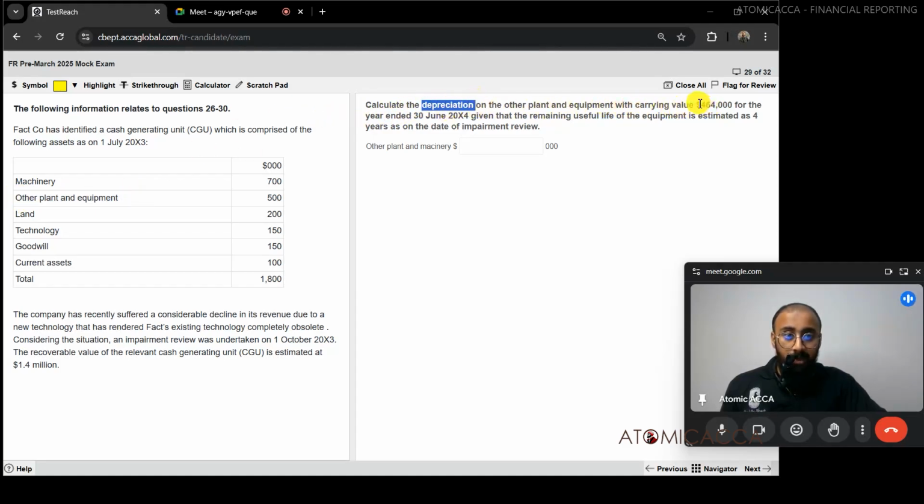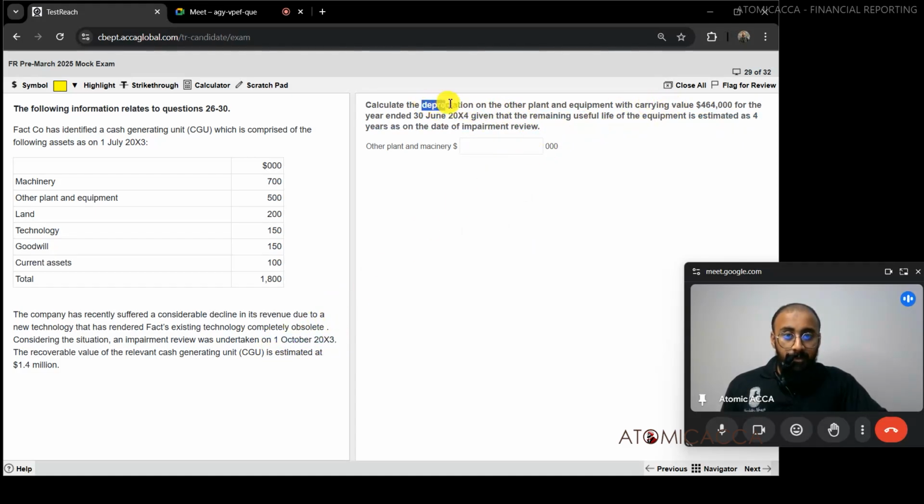Okay, with a carrying value of 464,000 for the year ended 30th June X4. This is 1st July X3, so 30th June X4. Given that the remaining useful life of the equipment is estimated as 4 years as on the date of impairment review. The impairment review is happening on 1st October 20X3.